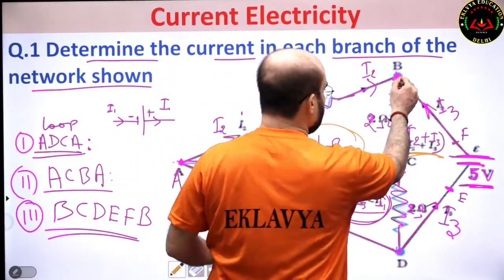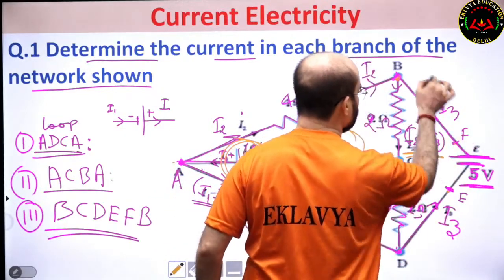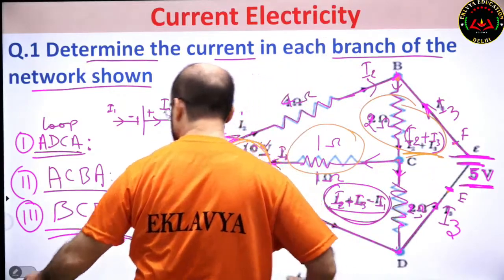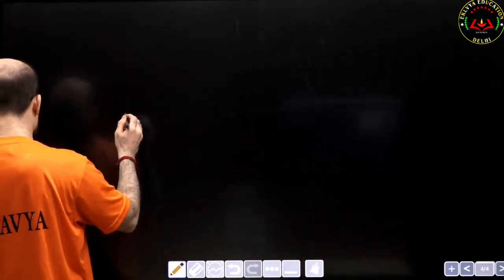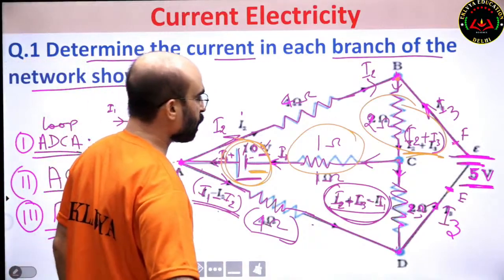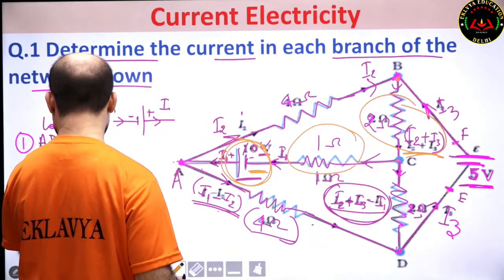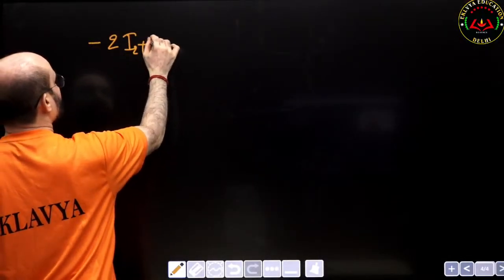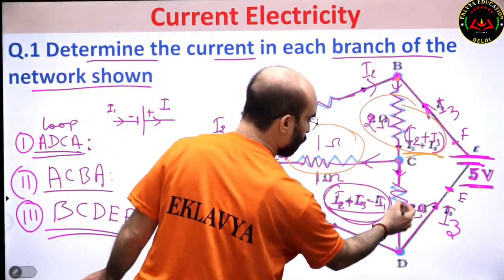The third loop is B, C, D, E, F, B. The first component is in the direction of current, so we take minus 2 of I2 plus I3.